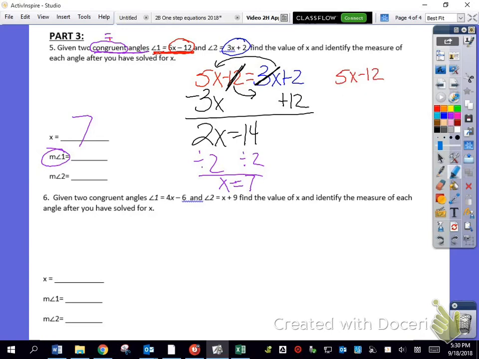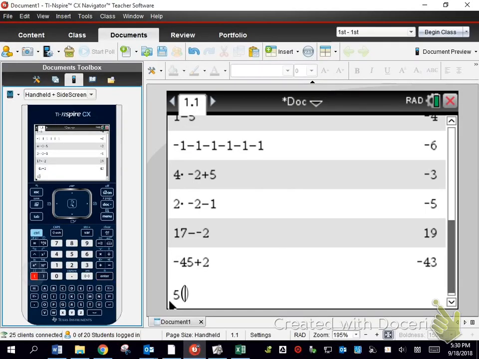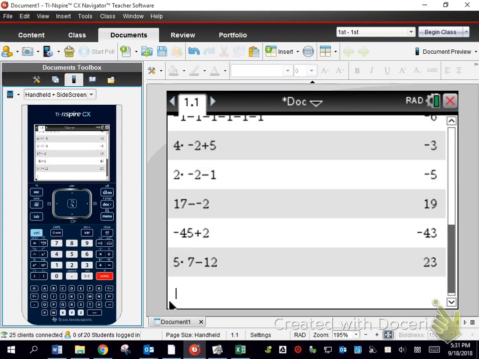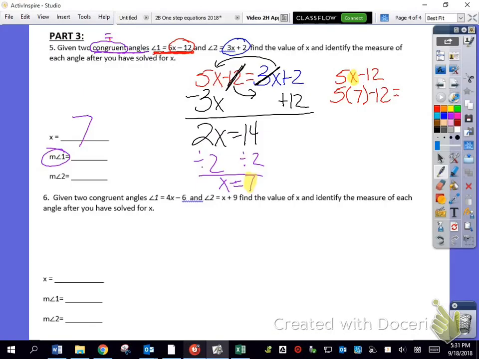So I'm going to say 5x minus 12. But wherever I see x, I'm going to plug in 7. So 5 parentheses 7 minus 12. And I'm going to put that in the calculator just like that. Hit enter. You get 23. So my first angle is 23.